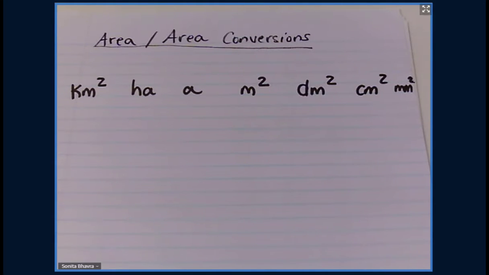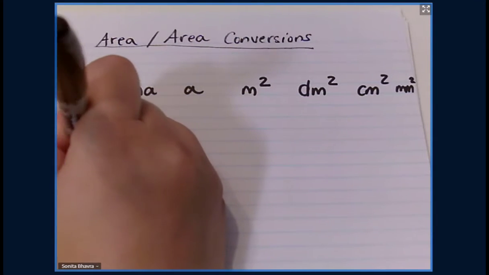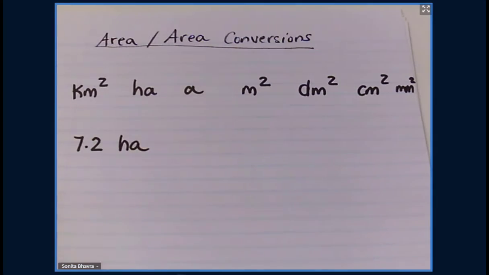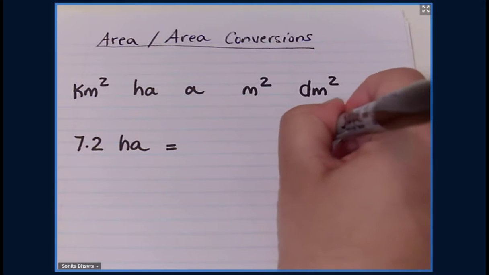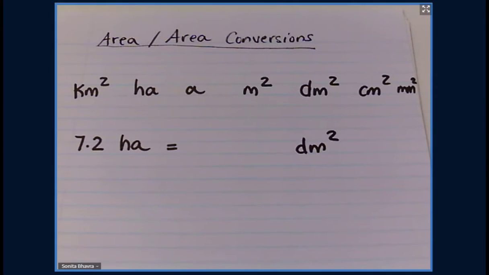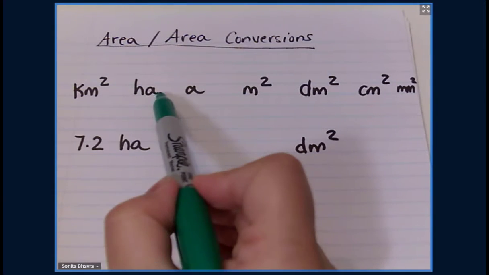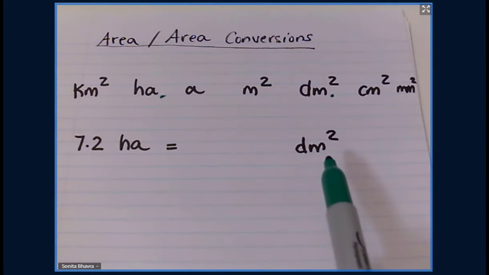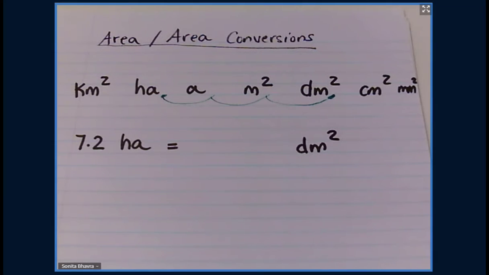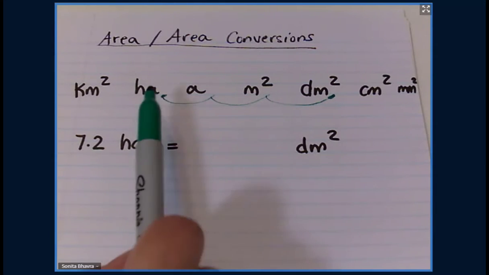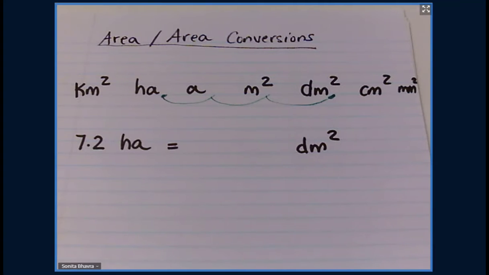So for example, let's say we have 7.2 hectare, and we need to convert it to decimeters squared. All right, so we're going from hectare to decimeters squared. So that is 1, 2, 3 decimal places. But because it's a squared unit, you're going to take those decimal places, which was 3, and you're going to double it.